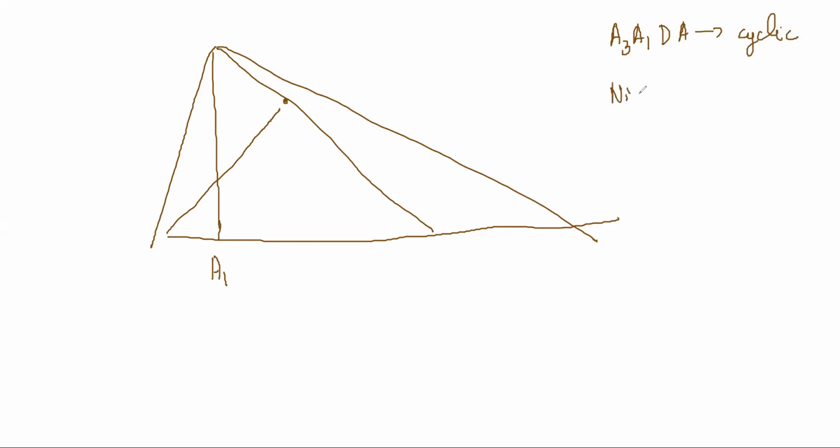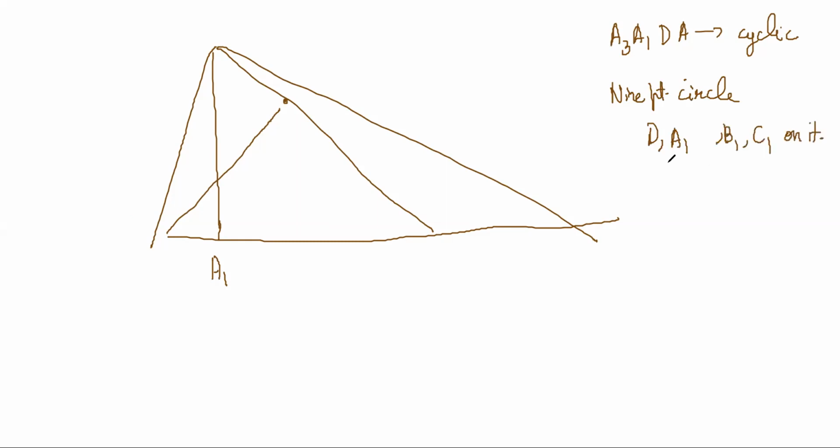You had some points here, and you had to spot cyclic quadrilaterals. This was your A1, this was your P1, and what we noticed was two different cyclic quadrilaterals. First we proved that A3A1DA was cyclic, and then we knew that the 9-point circle has D, A1, B1, and C1 on it.